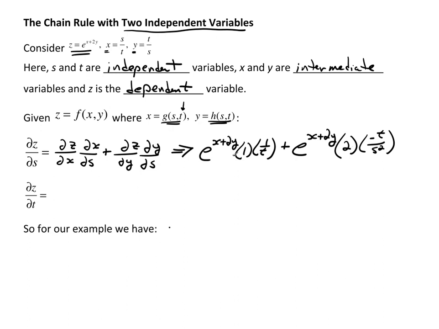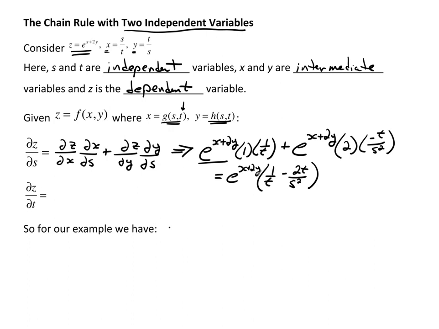If I factor out the e to the x plus 2y, I'll get e to the x plus 2y times, let's see what's left here, 1 over t minus 2t over s squared. So here's my partial with respect to s.